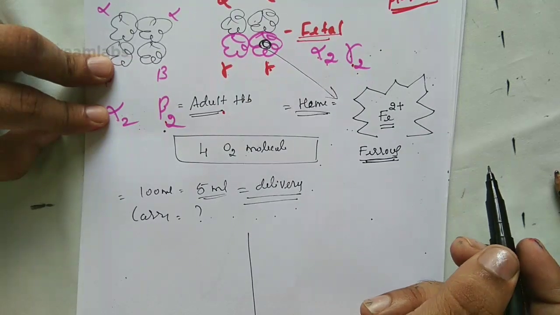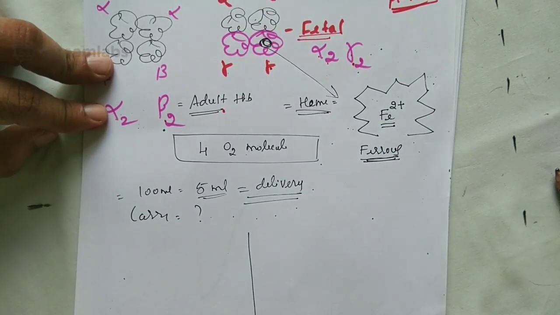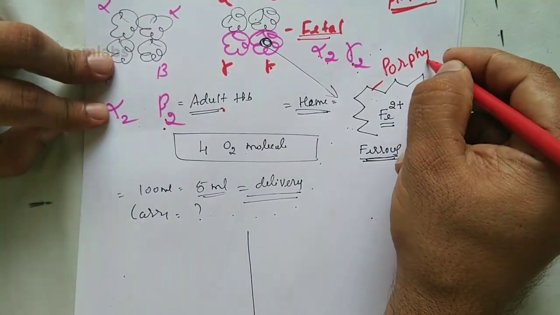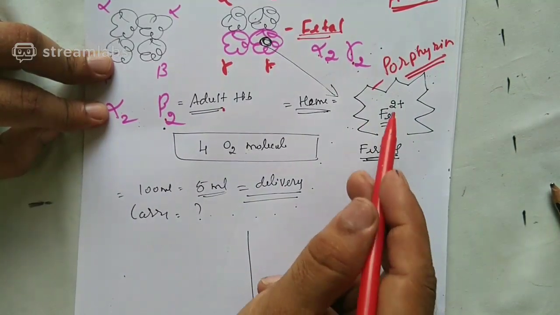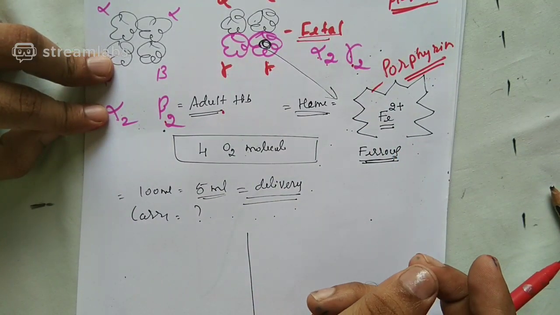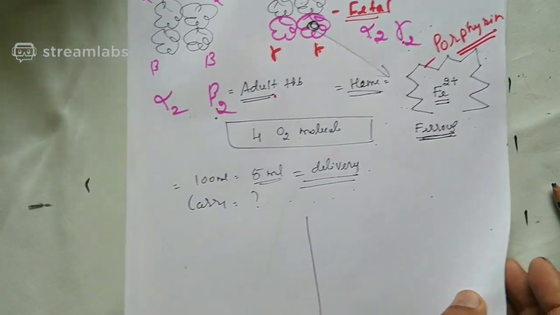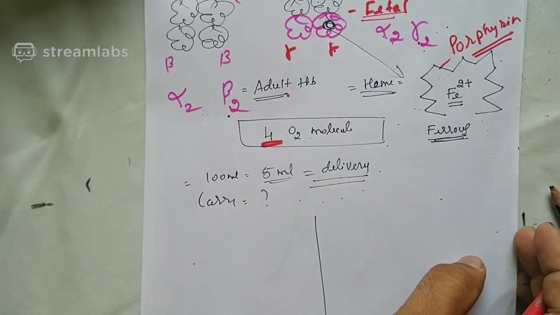Please remember, and this ring which is surrounding the iron is called the porphyrin ring. Fe2 plus, you remember, and how many oxygen molecules can be carried by a hemoglobin molecule? It's 4. Hope the matter is very clear for you.